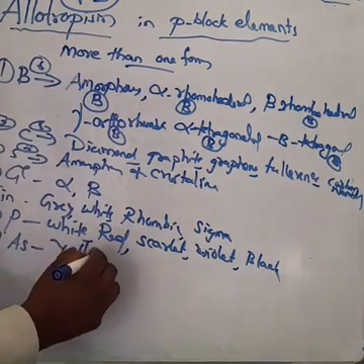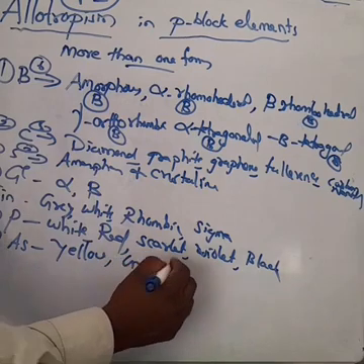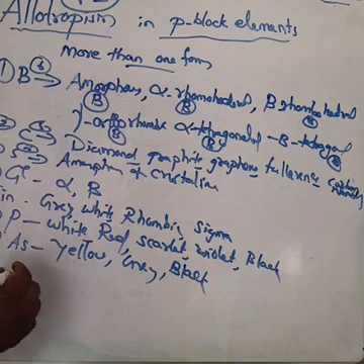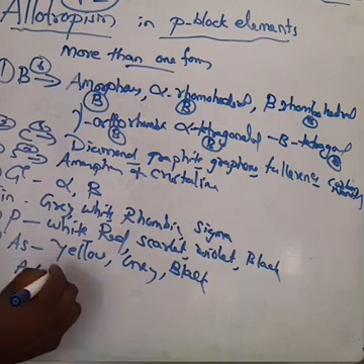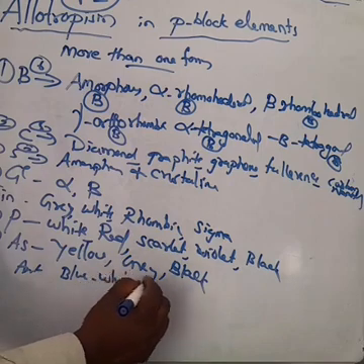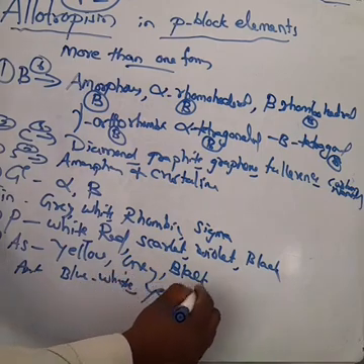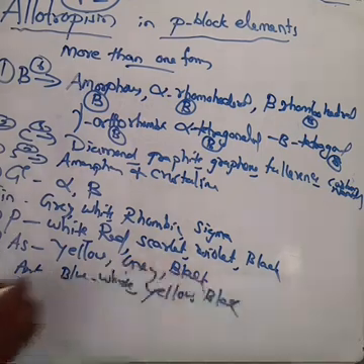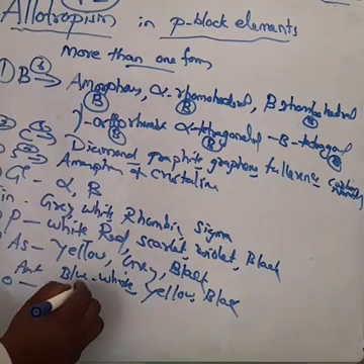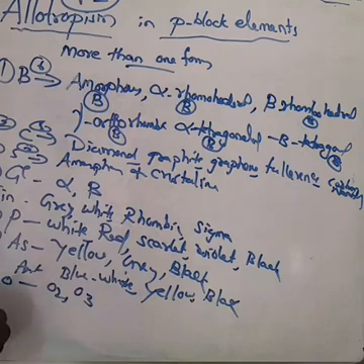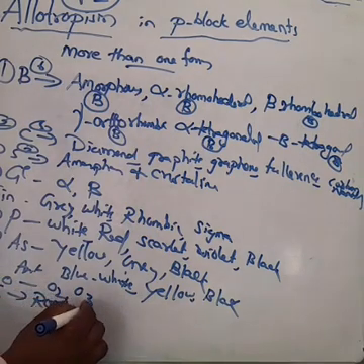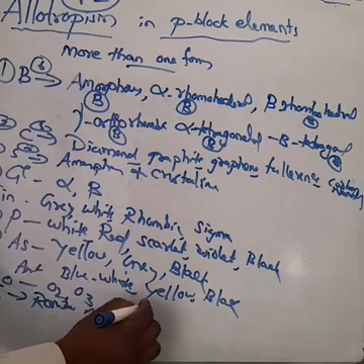Next arsenic: yellow arsenic, grey arsenic and black arsenic. Antimony: blue-white antimony, yellow and black antimony. Oxygen: dioxygen, ozone. Sulfur: rhombic sulfur, monoclinic sulfur.